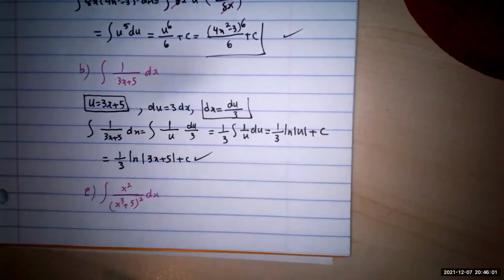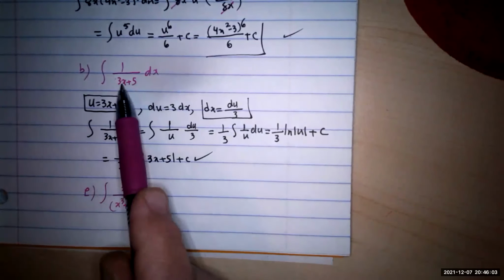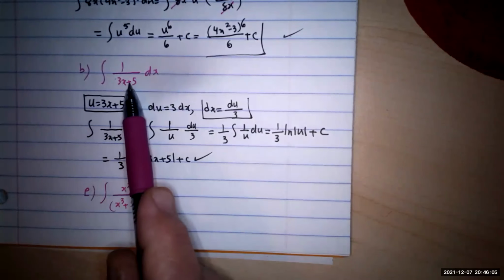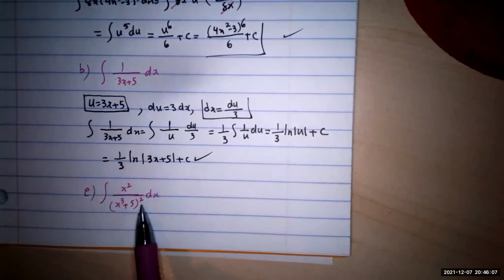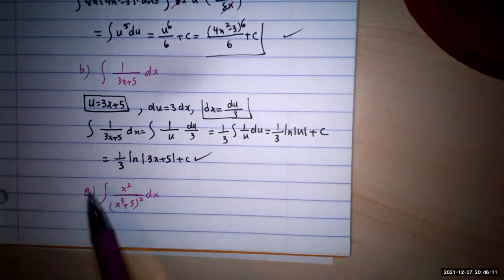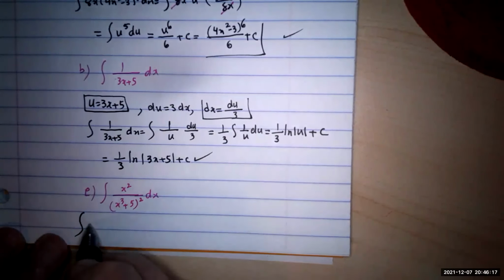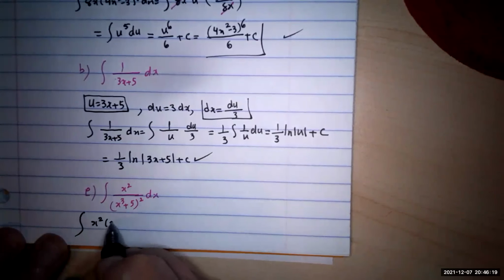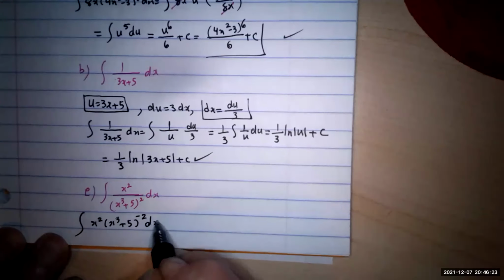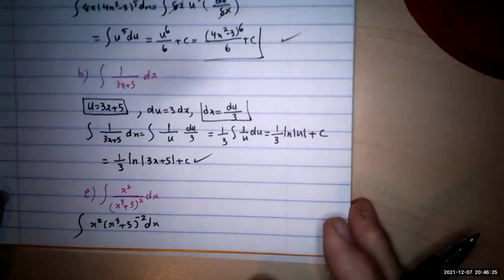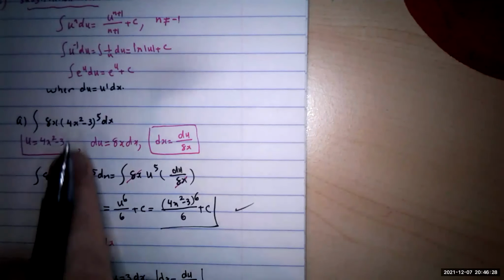Compare them together. Here you get just 3x plus 5, but you have something raised to the second power. So you move it up. When you move it up, it's going to be just a type 1, and you'll be able to do it. So you have to rewrite this one. It's going to be x squared times (x cubed plus 5) to the negative 2 dx. That's exactly like the one that you did over here.